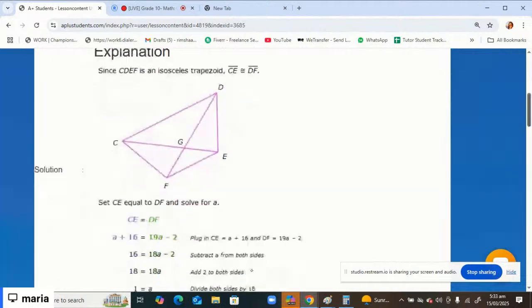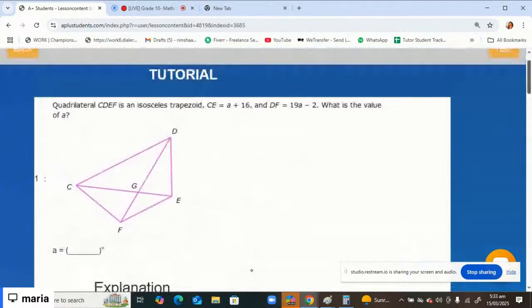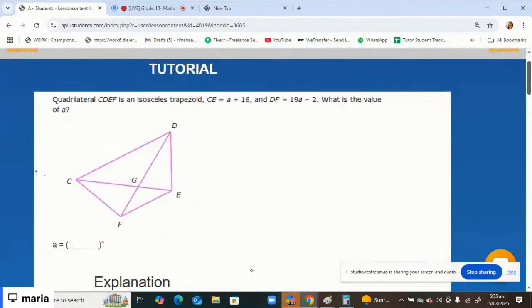So how can we find the value? Just equate these two expressions. Okay. Why? Because this length and this length are the same. So we are just going to equate them. So let's equate A plus 16 and 19A minus 2. Okay.